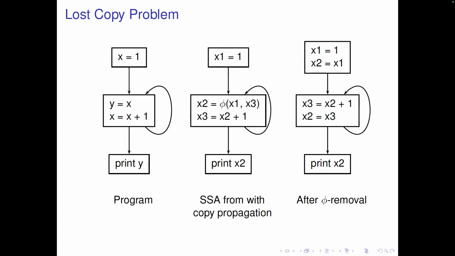In fact, it is not very difficult to see what has happened due to phi removal. We were assigning x2 first, then x3. And as I said, there is no ordering between phis themselves, but there is an ordering between a normal statement and phi. Phi has to be the first statement. So this is the first statement, this is the second statement. Phi removal has swapped them.